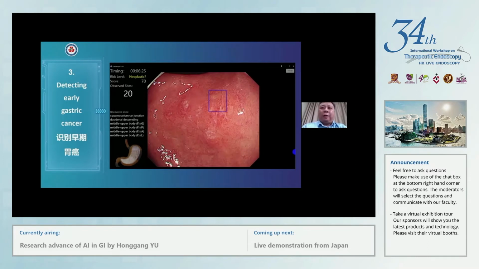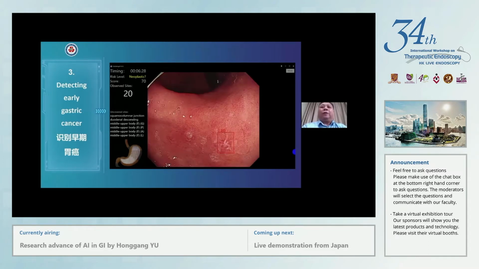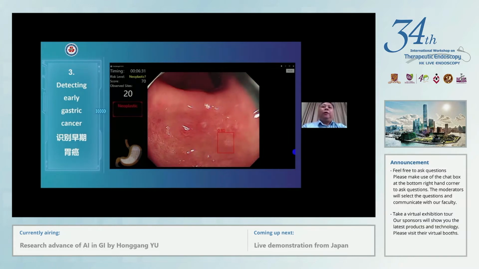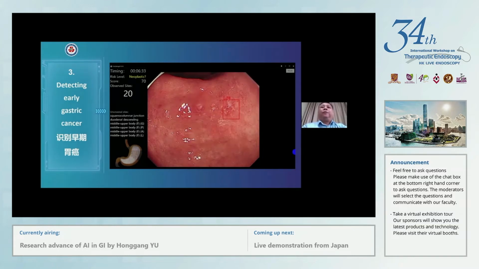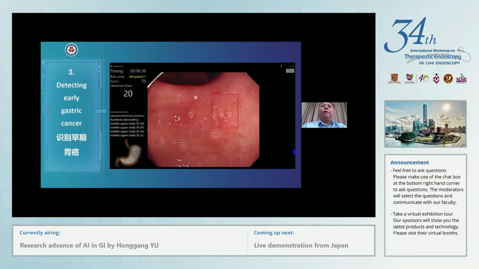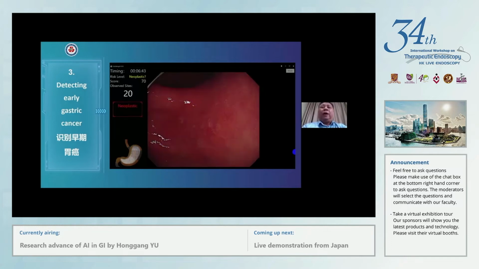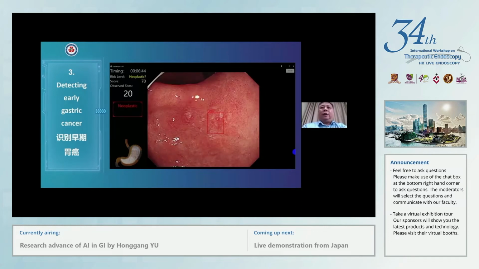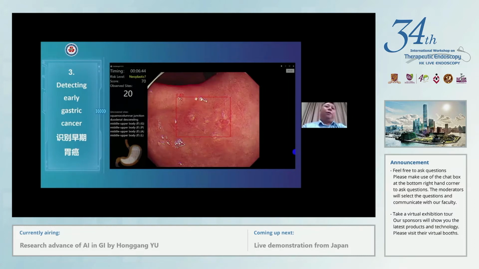If the square becomes red, that means this lesion has a high risk of neoplasm, so you must go ahead to do magnified endoscopy, with MBI or BLI.